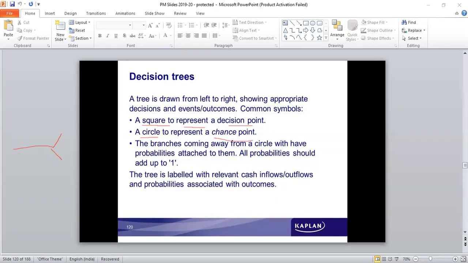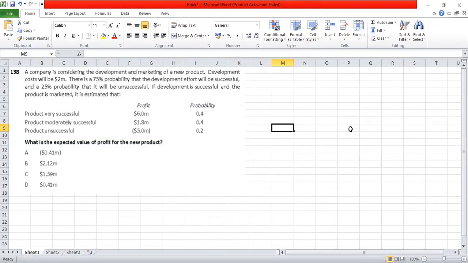So let's take it up. Okay, this is the question. Why do we have to take up a decision tree approach to solve such a type of question?